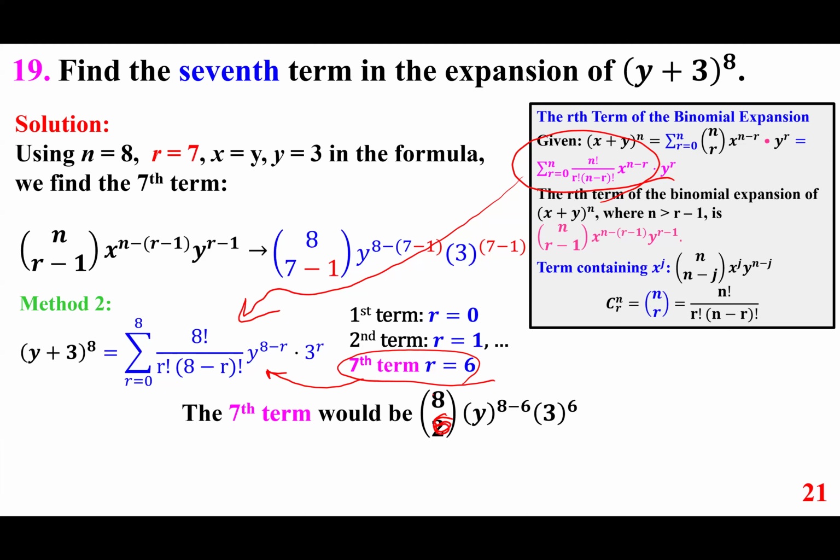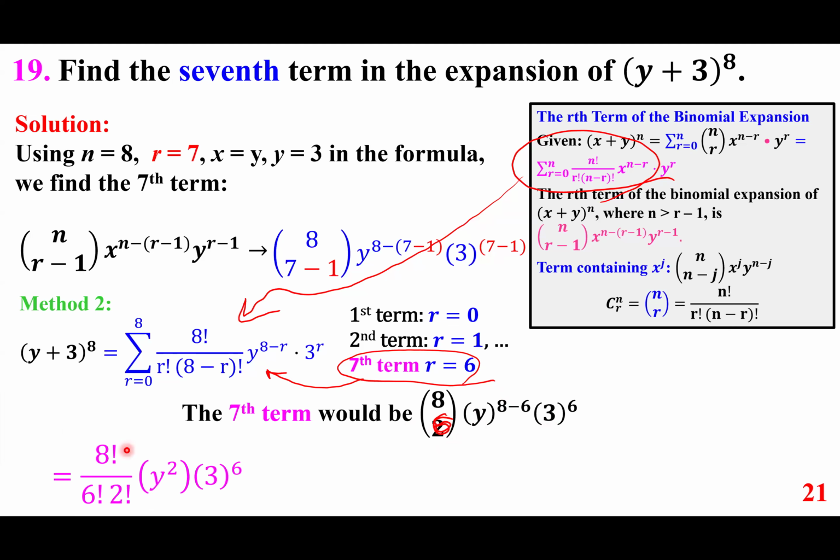By the way, 8 choose 6 or 8 choose 2, they give you the same answer. That's why it's 2 here. But in any event, now you expand this and you get 8 factorial over 6 factorial times 2 factorial. This is y to the power of 2. This is 3 to the power of 6. And that's exactly what you have here.